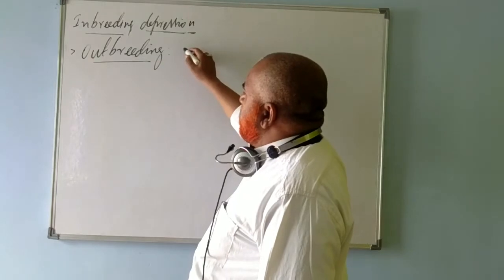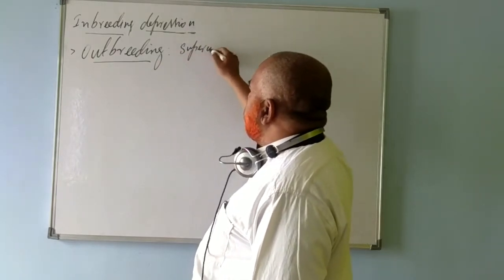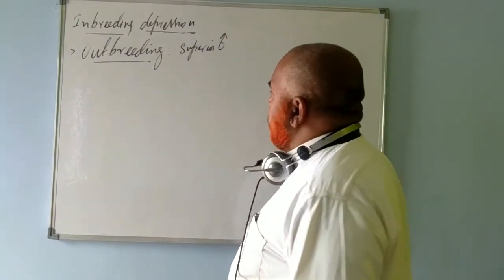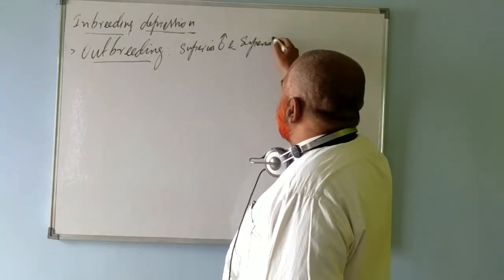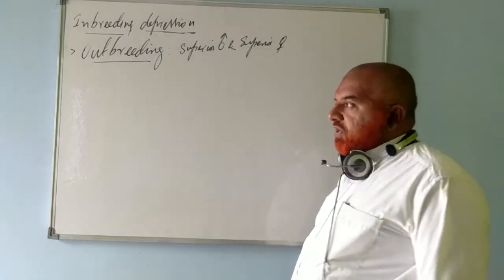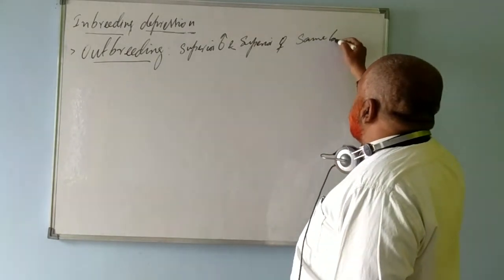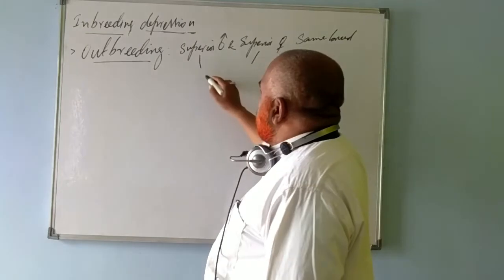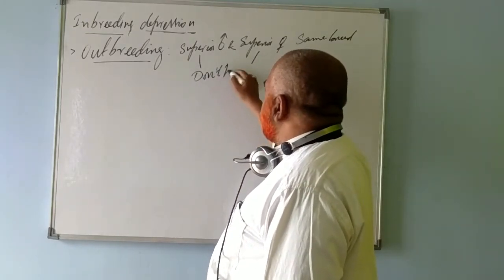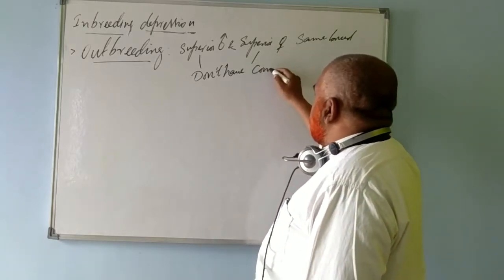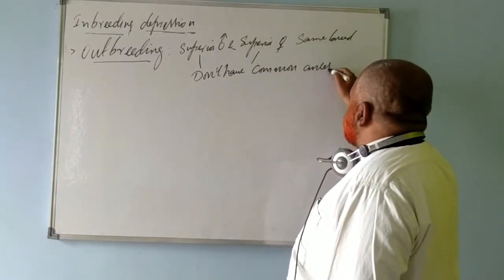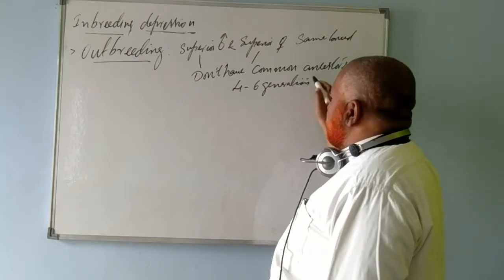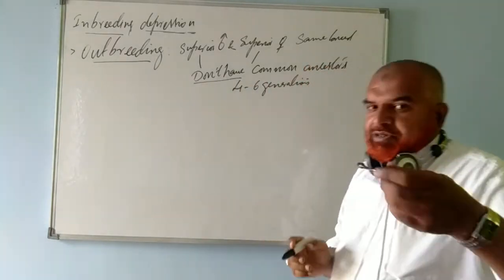As it says, the cross made between a superior male and a superior female of the same breed, wherein this male and this female don't have common ancestors for 4 to 6 generations. They don't have the common ancestors. Such a breeding is known as outbreeding.